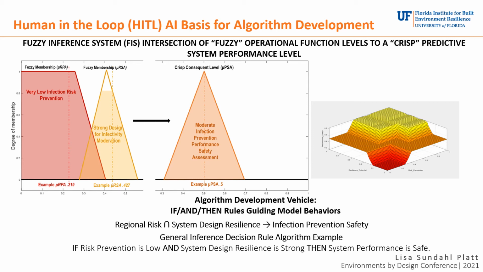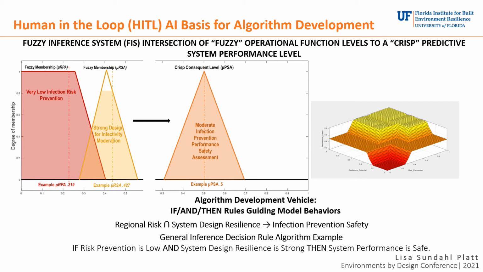However, it did give us the opportunity to use a mixed methods approach that could then be used in the development of AI decision rule algorithms, which allowed us a better ability to predict the level of infectivity in hospital regional parameters, as well as the associated effectivity impact of resilient design interventions meant to moderate their impact. So for this, we are using fuzzy logic to determine the possibility level of system risk and design resilience.